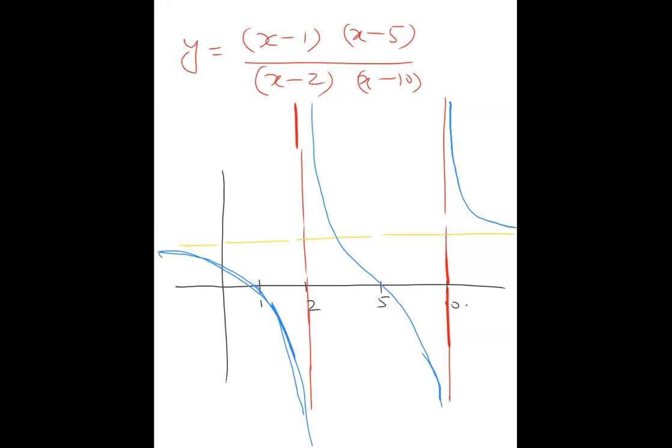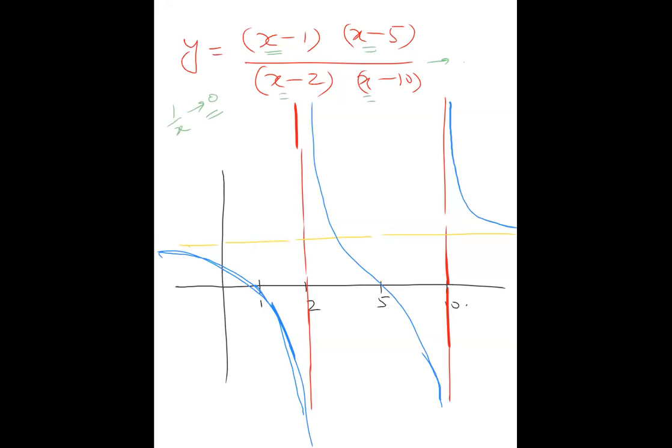See, why is this tending towards 1? At infinity, we know that if x is tending towards infinity, then 1 by x is tending towards 0. The degree of x in the numerator and the degree of x in the denominator are both the same.